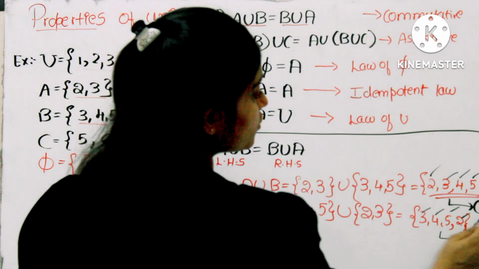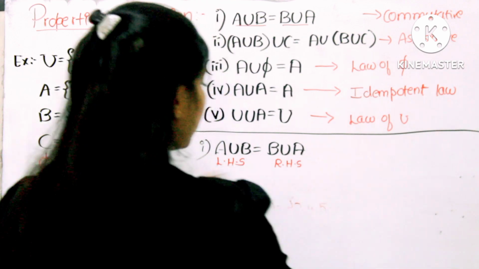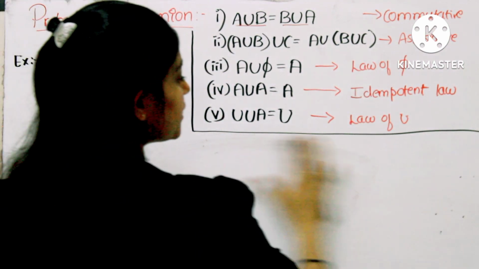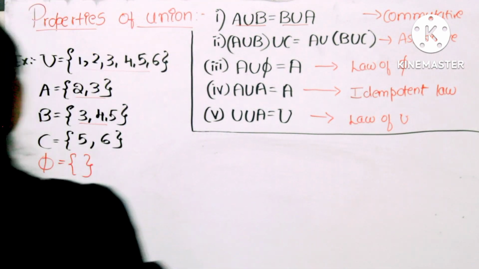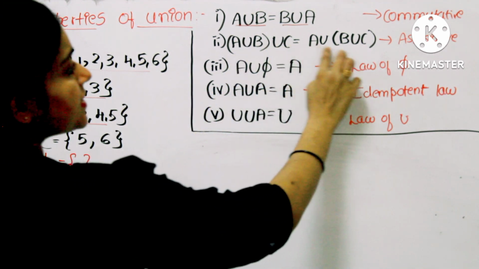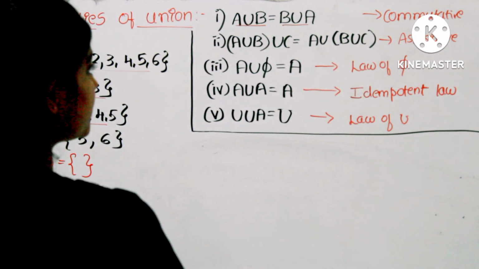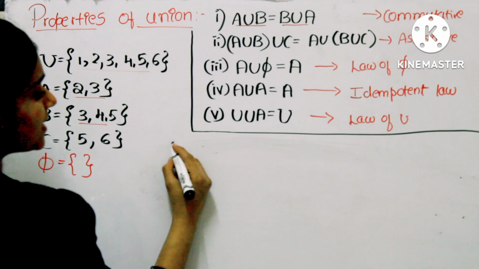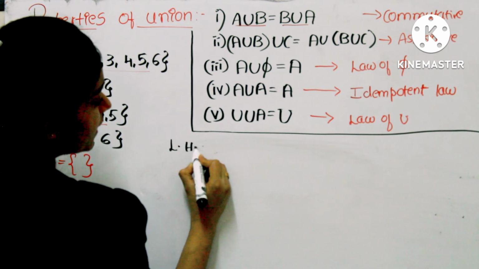Similarly, if you check for associative property, what is associative property? That is (A union B) union C equal to A union (B union C). So here what is LHS? First we have to take LHS.